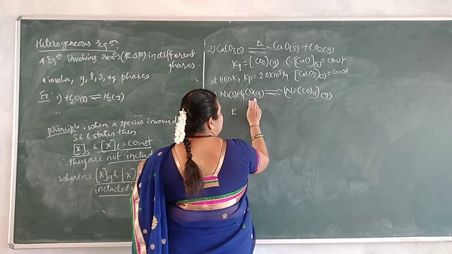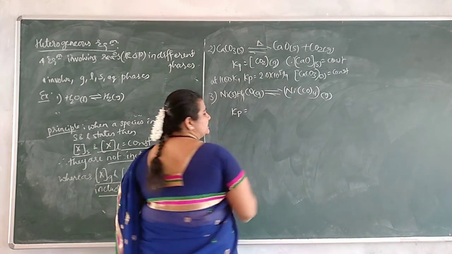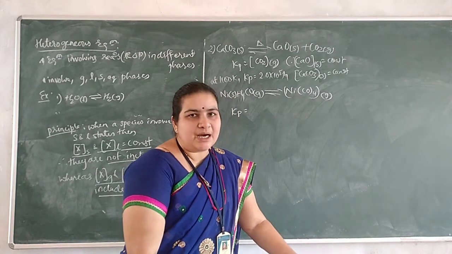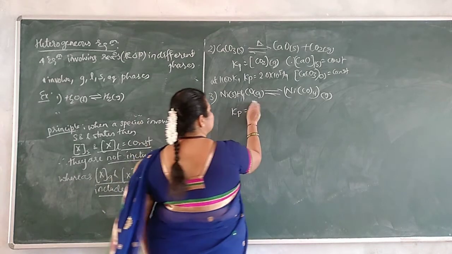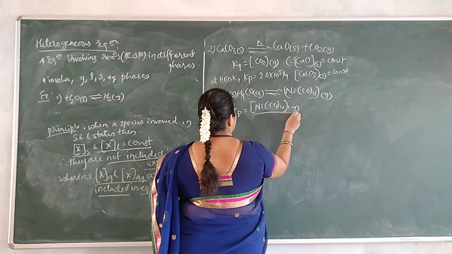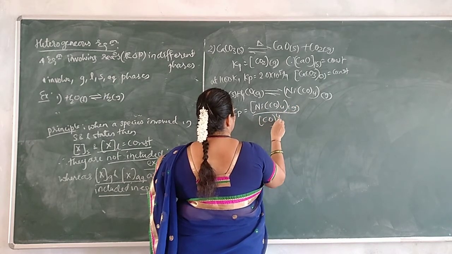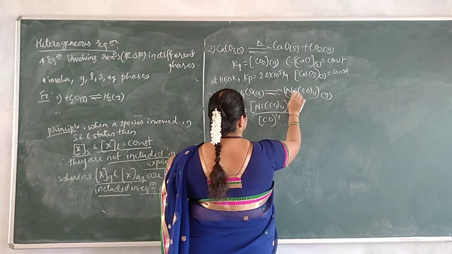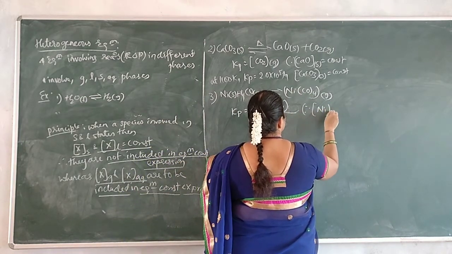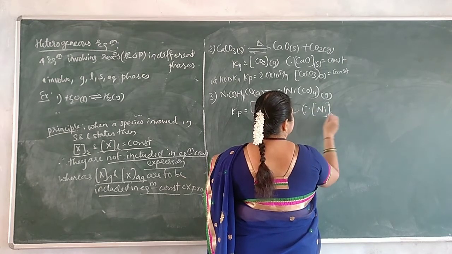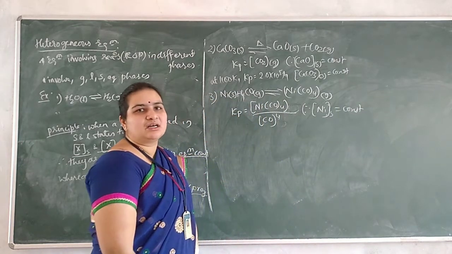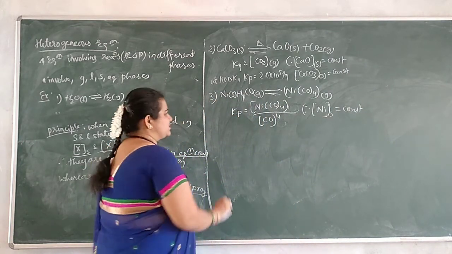Here the gaseous phase is there, so it is convenient to express the equilibrium constant in terms of partial pressure, so that Kp is equal to Ni(CO)4 gaseous divided by CO raised to 4 gaseous. Only the gaseous phases are included, because the concentration of Ni solid will be constant and is not included in the equilibrium constant expression.